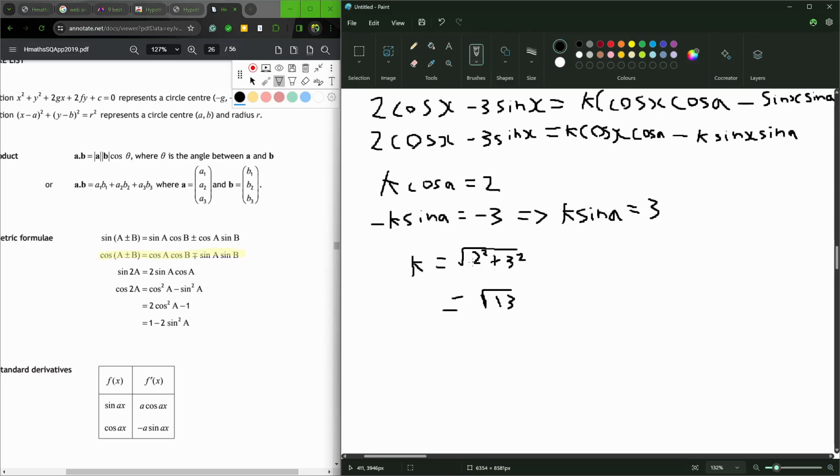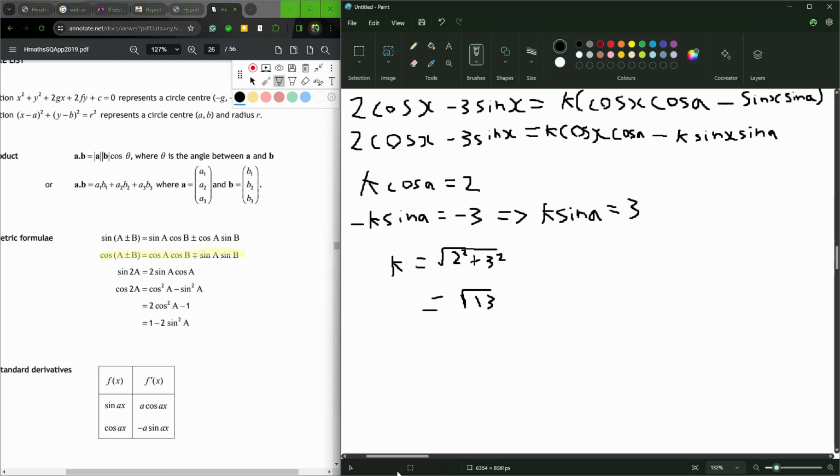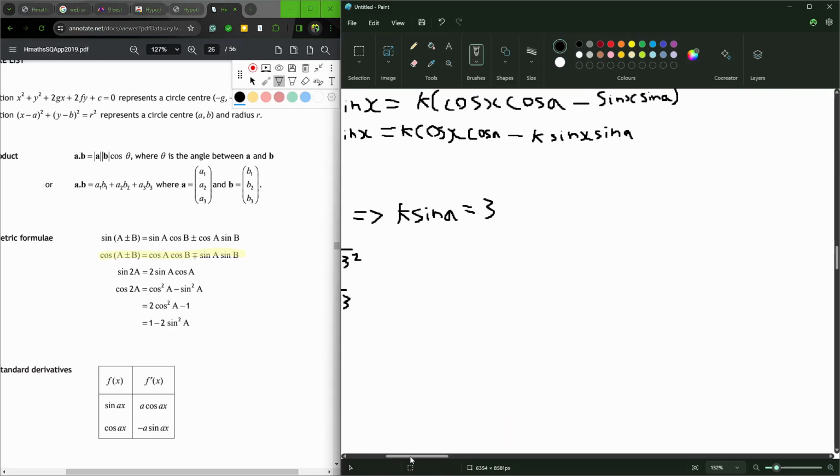So, how are we going to do this from now? Well, we'll use the K later, it'll come back later. What we can do is, remember, when you divide sin by cos, it's the same as tan, right?